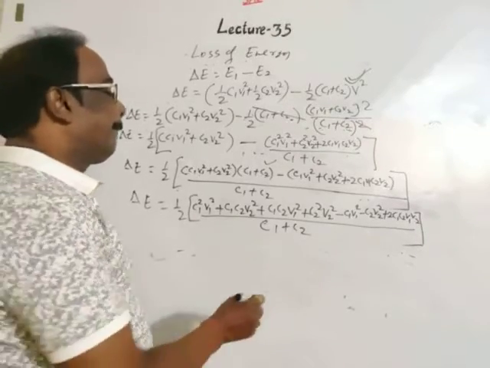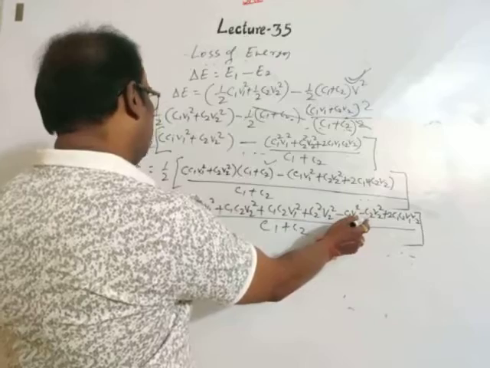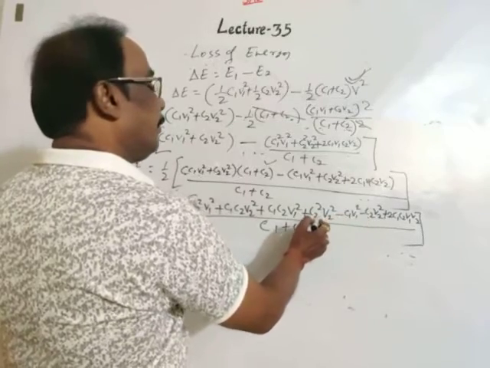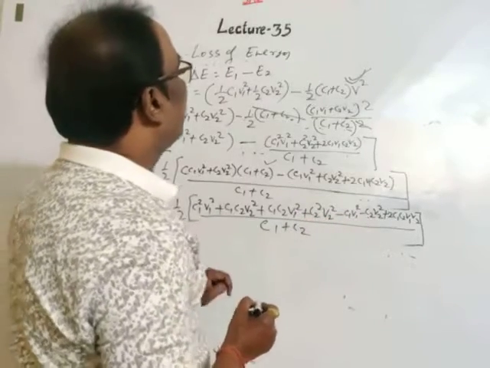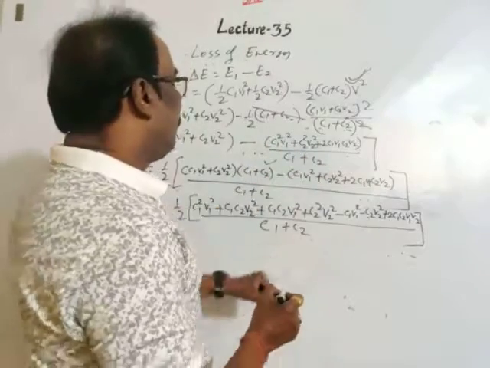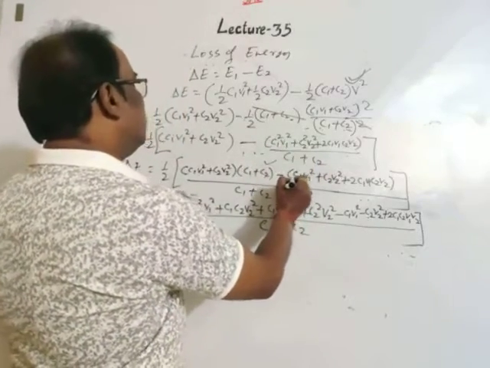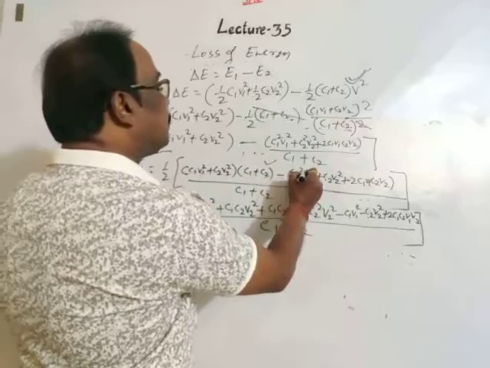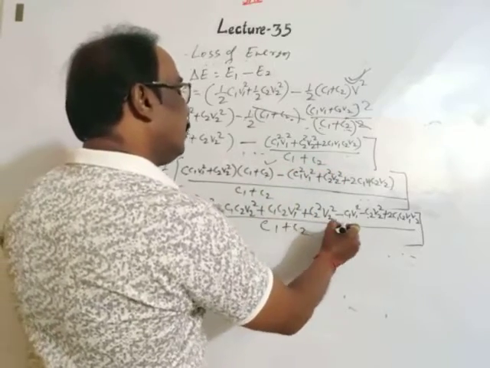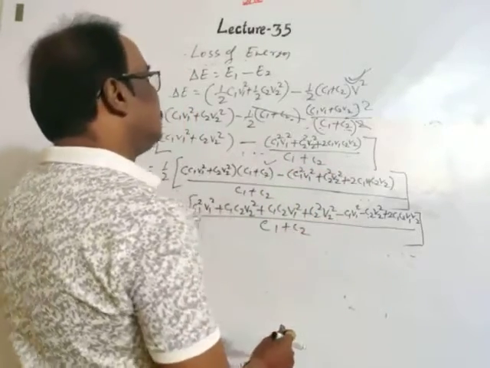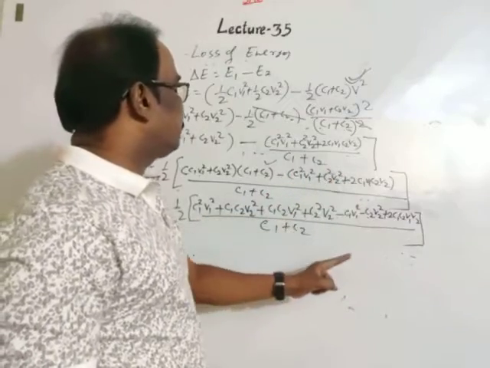See which ones are cancelling with others. Here, this is C1 square, C2 square.